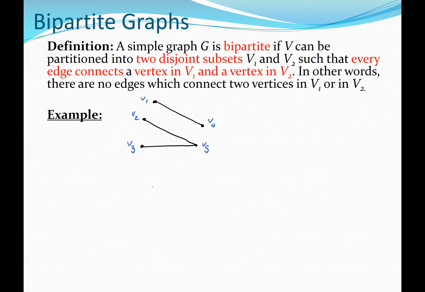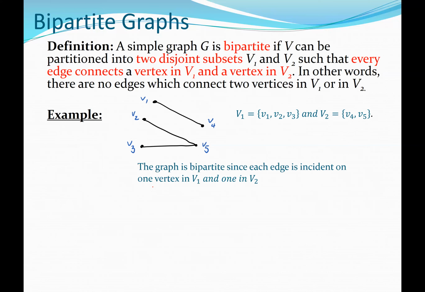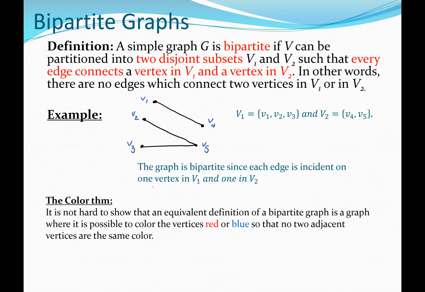Sometimes it's hard to deal with a big graph, so we have a theorem which is nice to use. We call it the coloring theorem. This will make the procedure of showing a graph is bipartite much easier. We use two colors, red and blue.